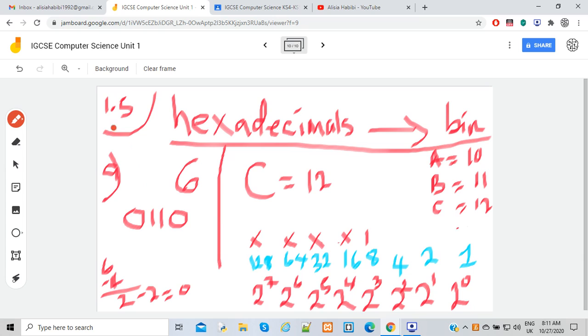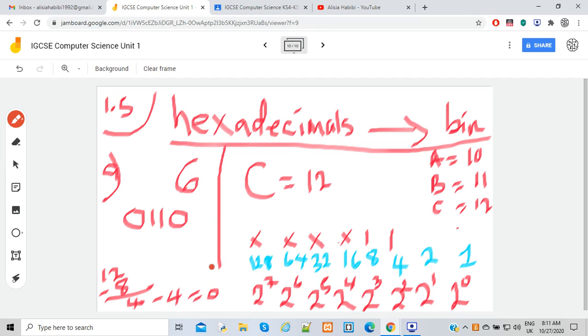So we subtract 8 from 12: 12 minus 8 gives 4. We have a remainder of 4, so we keep going. We go to the next one, and perfect, we have 4. So we subtract 4 from 4 and we get a remainder of 0.